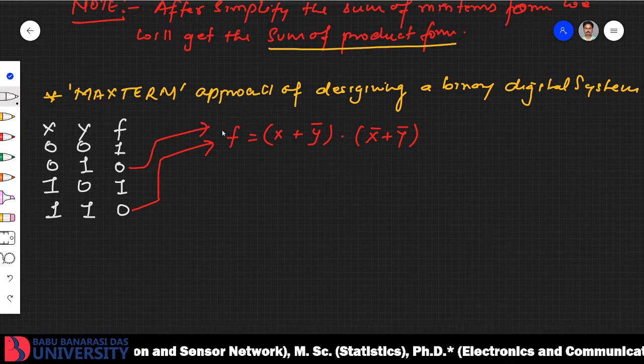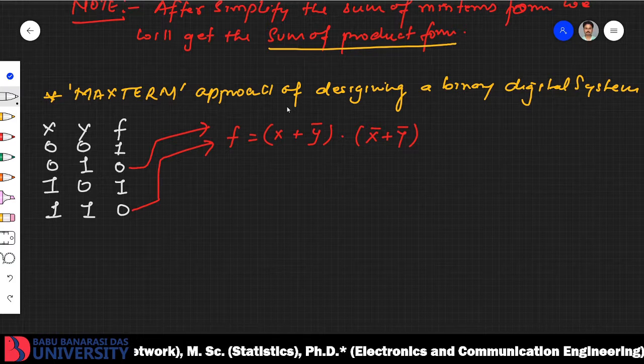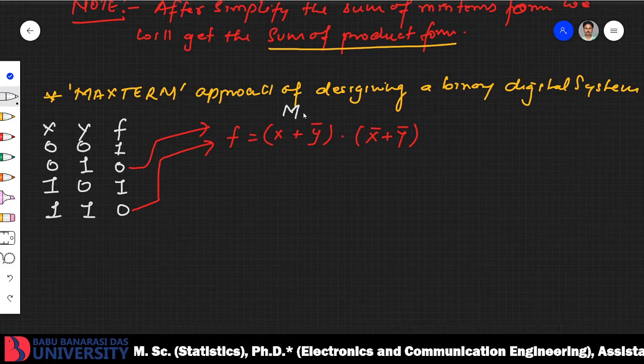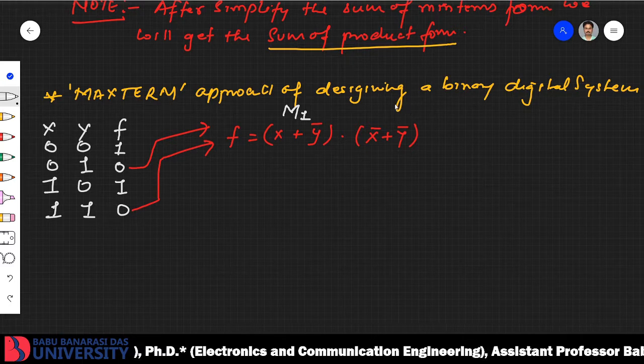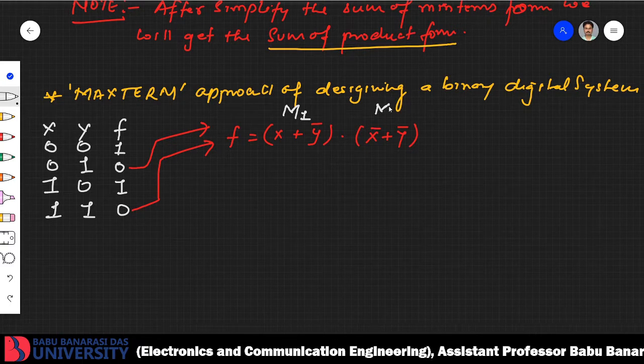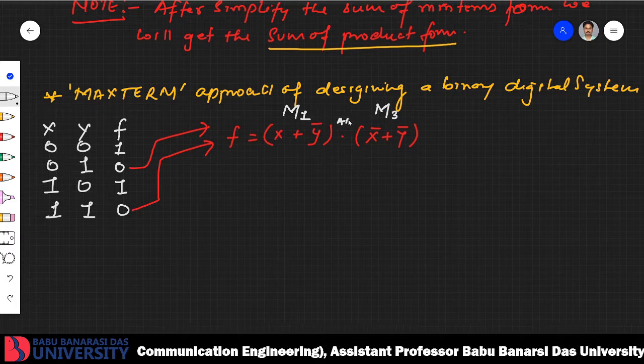Now in this expression, the first term is represented by the max term capital M1. The second term is represented by the max term capital M3, and the AND operation is performed between these two terms.